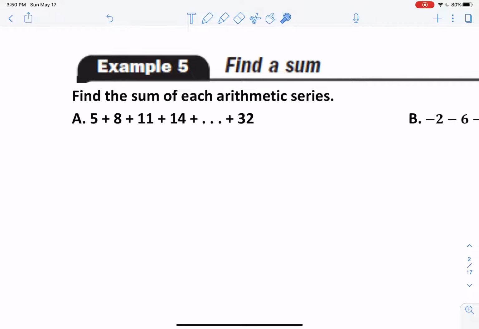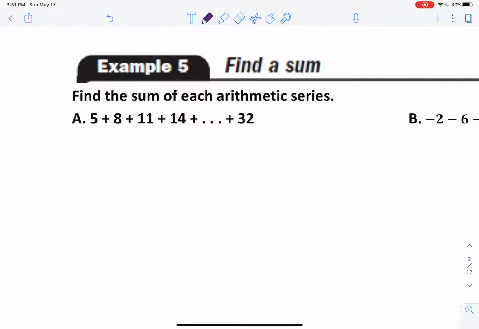It's asking what all of these numbers would add up to. There are probably some more mathematical ways to do this.